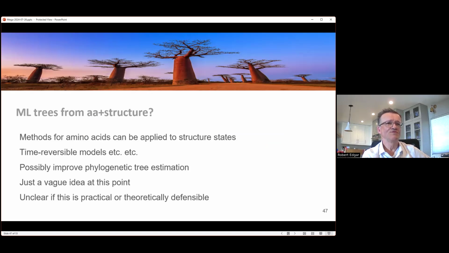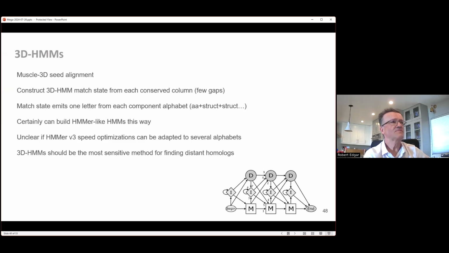I'm not sure if this is even theoretically defensible, but it's something to think about, and that's just kind of on the back burner to-do list right now because it's so extremely hard to show that your tree methods are really doing anything better than existing methods. So benchmarking is almost hopeless here.